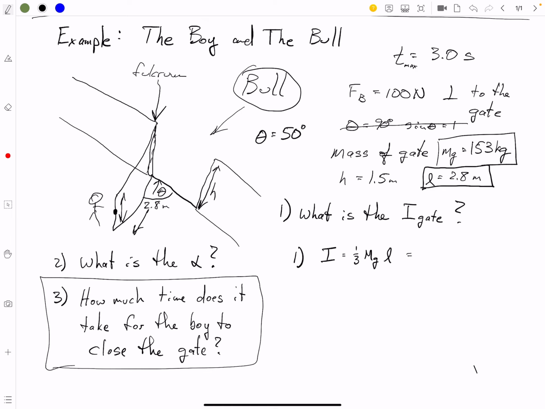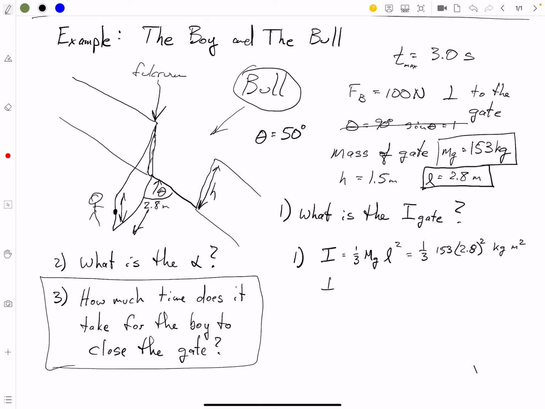So we're going to say 1/3, 153, and then we've got to square it. Take our 2.8 and square it. And all of that is going to end up being kilograms meters squared.